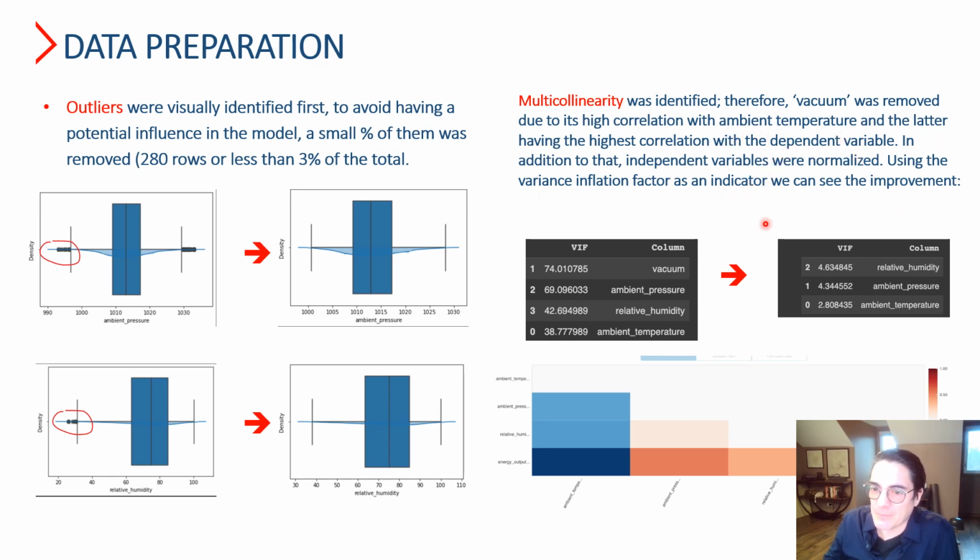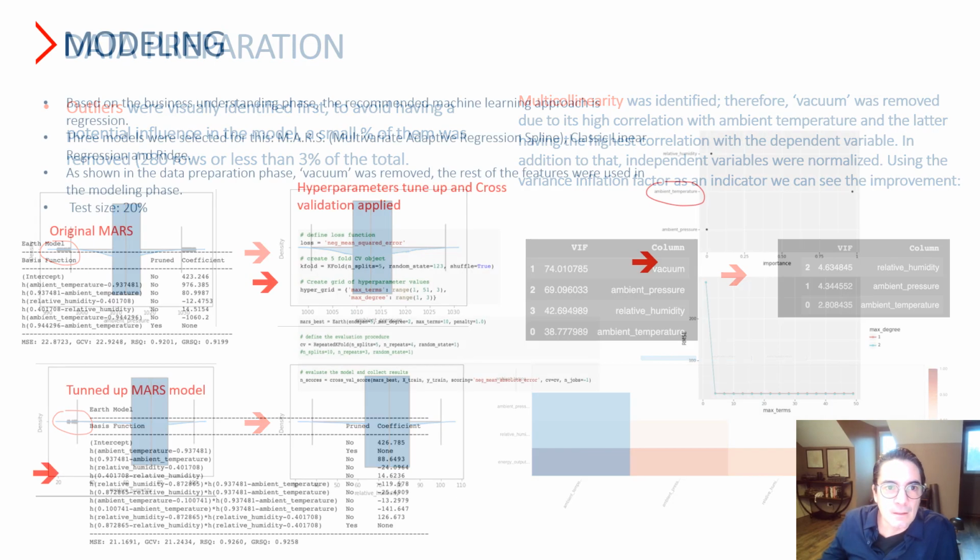With these two steps, we ran a couple of variance inflation factor calculations, and as we can see here, the before and the after, definitely these steps are helping us, as now we have these VIF values that are within 5 to 10, which is what we normally want when we're running this exercise. And then looking at the correlation matrix again, we can see that vacuum, of course, is no longer here, and the rest of the correlations seem to be adequate for our model now.